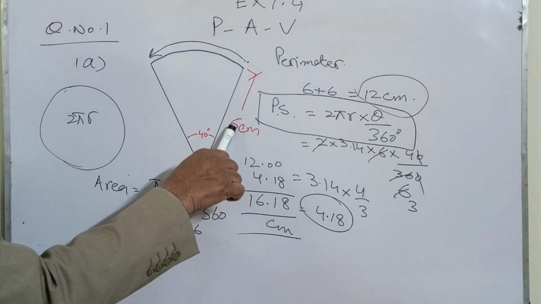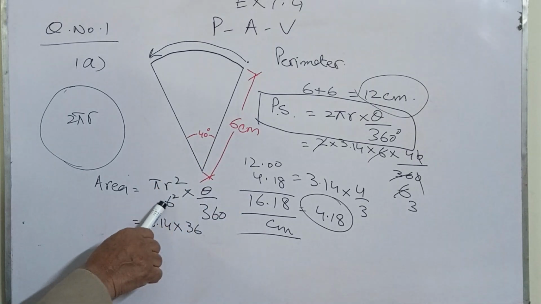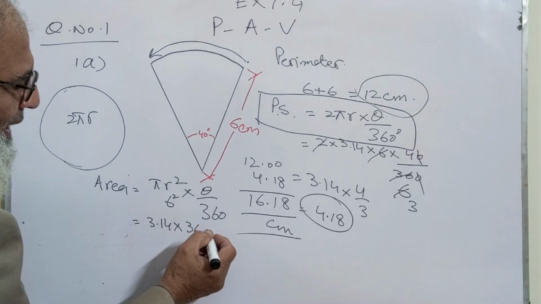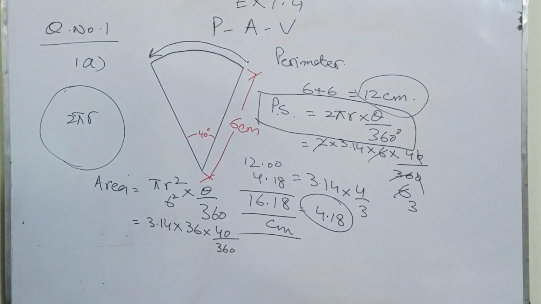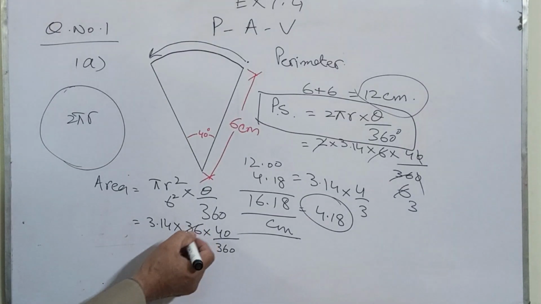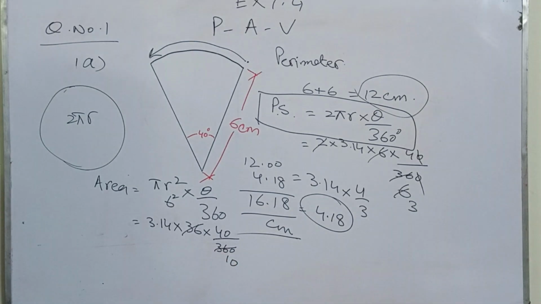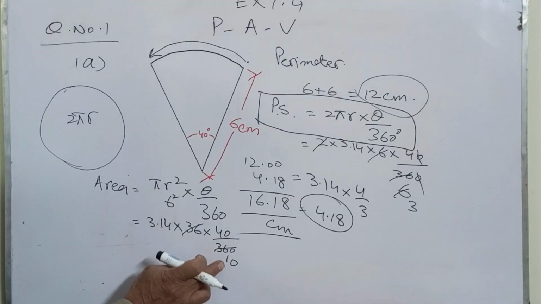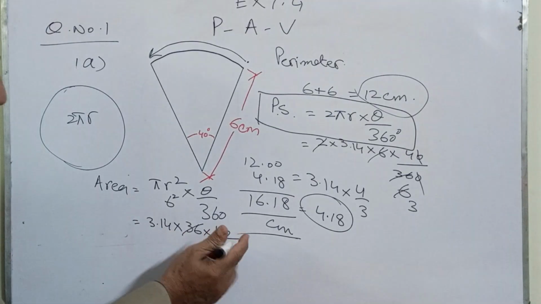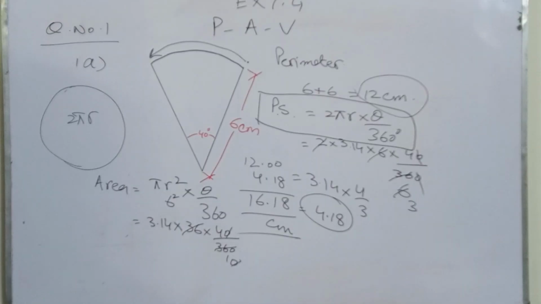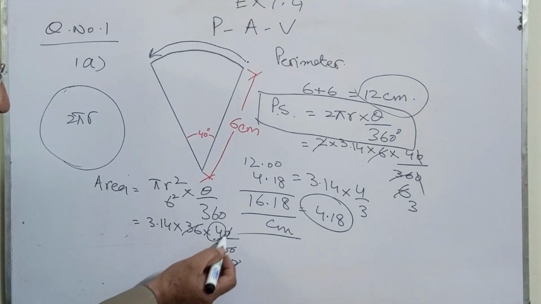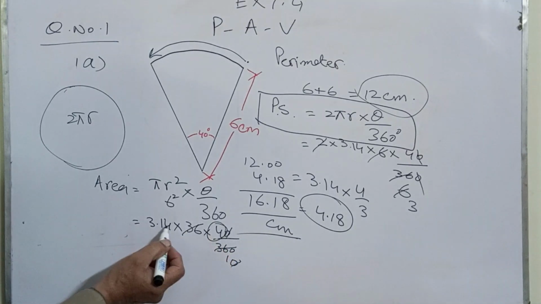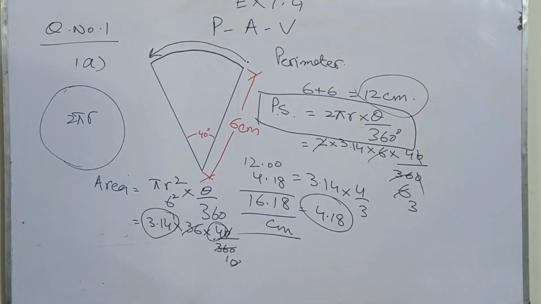R is 6 and squared, it will become 36, and theta is 40 again over 360. 36 one times, and 0 goes with 0. So what is left here is 1 over 4, and 3.14.